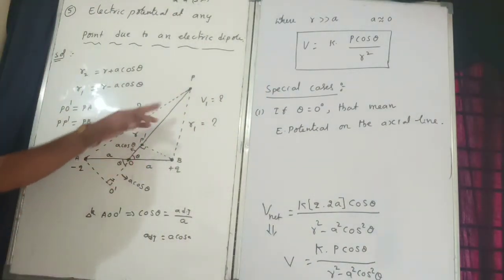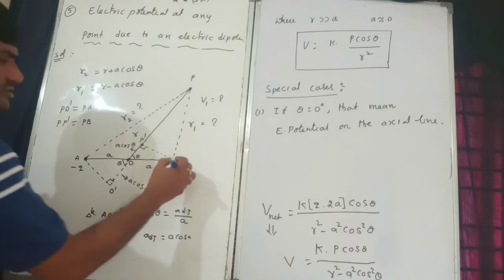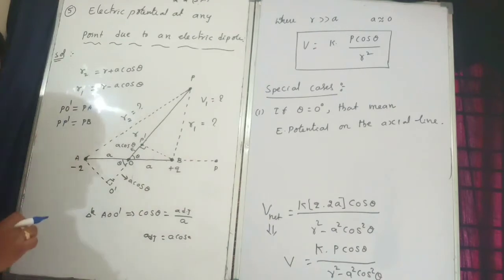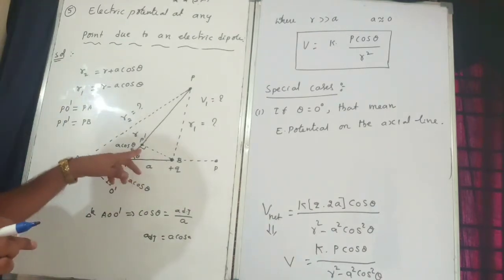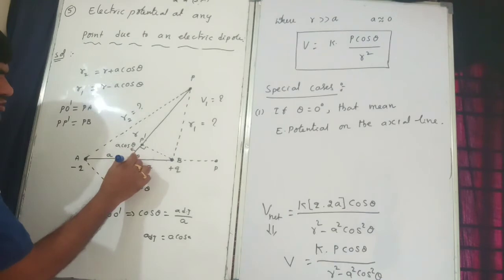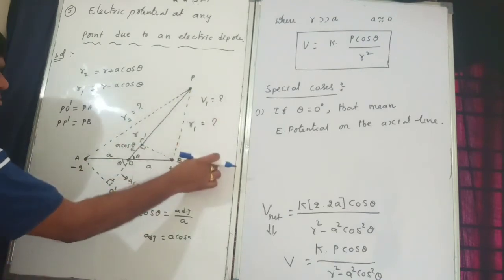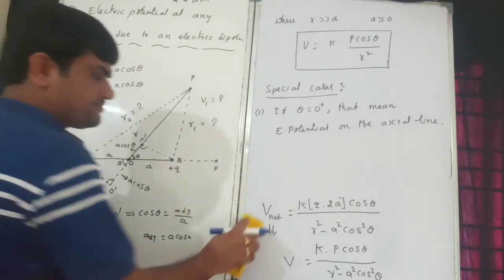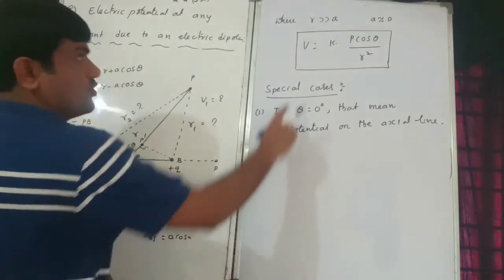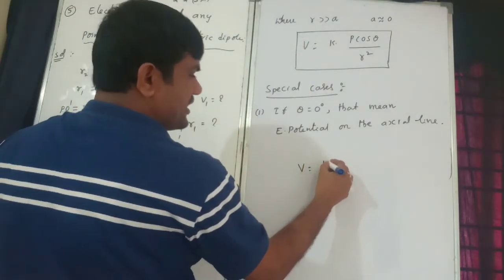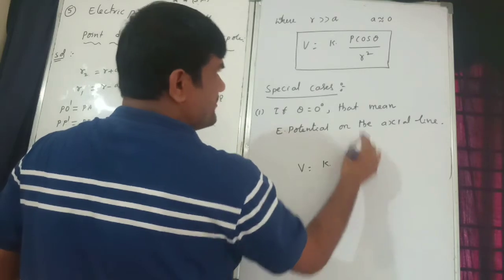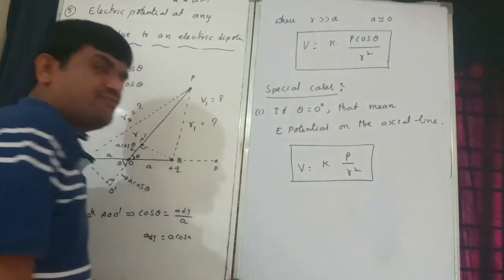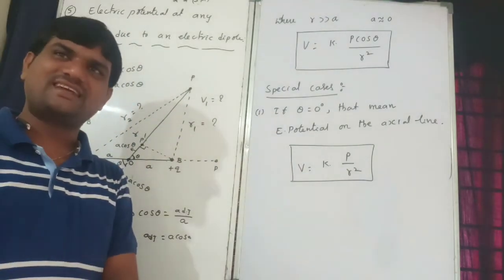Theta is 0 means this point will come here on the axial line. So V is equal to K into P cos 0 (which is 1) divided by R square. This is the on the axial line formula.